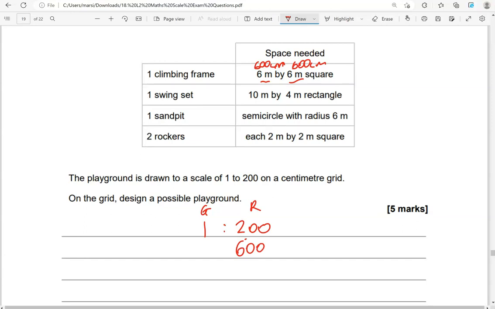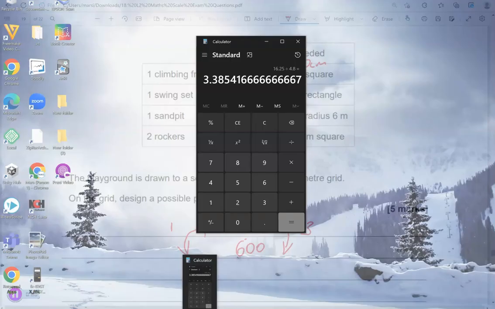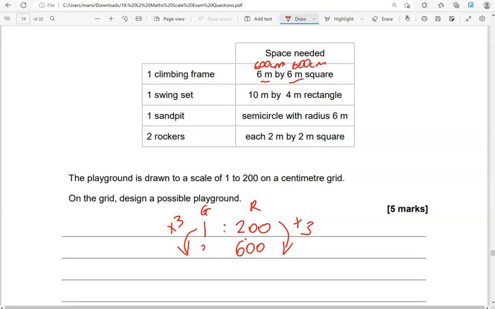How many centimeters will that be in the grid? How do we get from 200 to 600? By multiplying by 3. So we'll do the same here. So 1 times 3 equals 3. So this will be 3 centimeters by 3 centimeters on the grid.